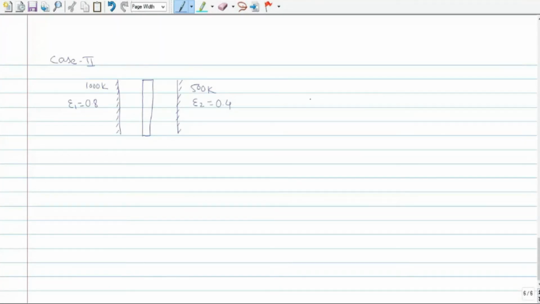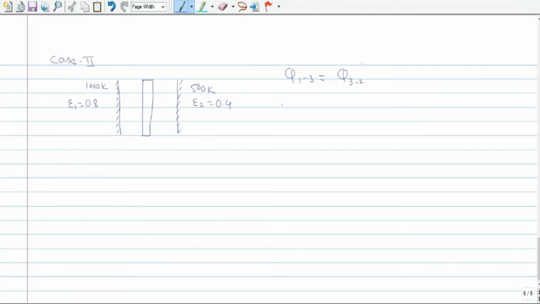So first of all, we are going to calculate the temperature of the shield. For that, there are two methods available. Either we go with the first method, that is Q123 equals Q322. You have to compare these two expressions.